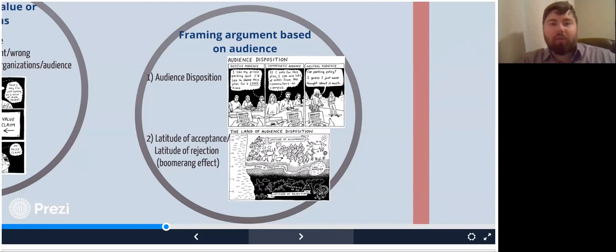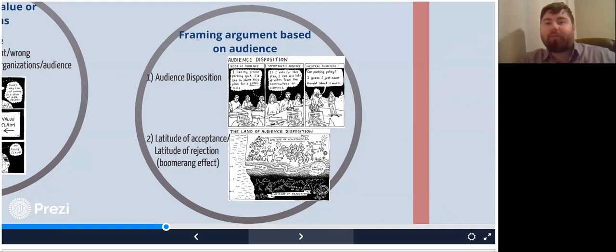Now, you also want to talk about latitude of acceptance and latitude of rejection. People are willing to do certain things and not do certain things. When a person is willing to do a certain thing, that's the latitude of acceptance. If a person is not willing to do a certain thing, that's the latitude of rejection.